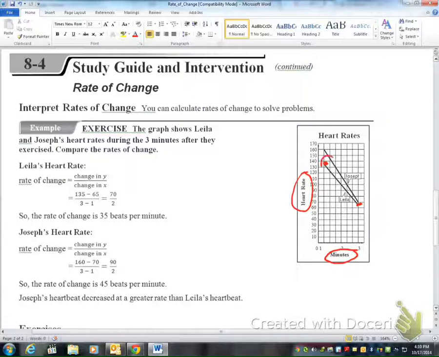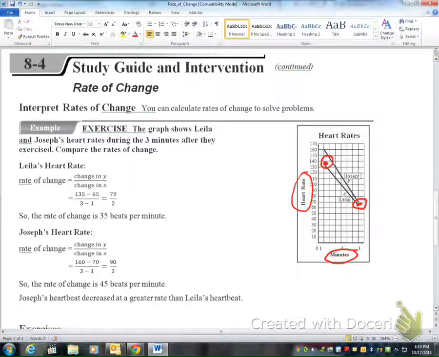So looking at this as my first value and this is my second. So then for my x's, my x here, which is the number of minutes, we're going to look at our rate here.